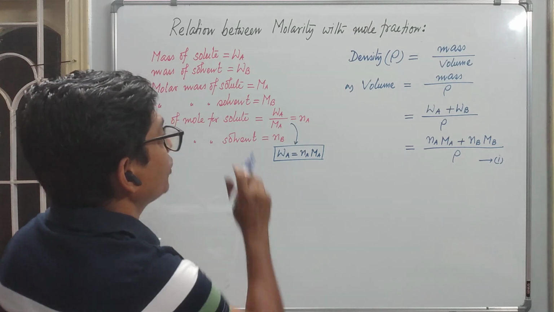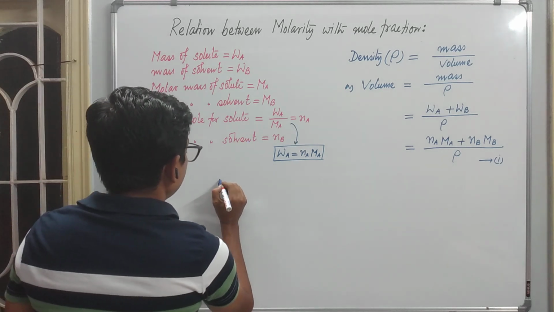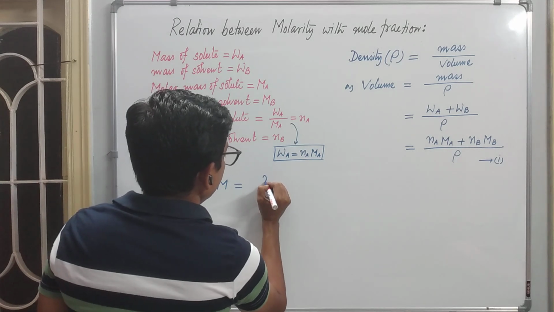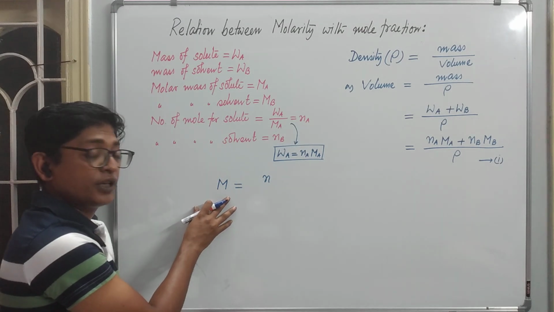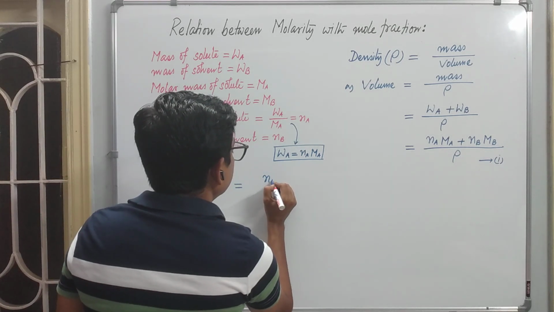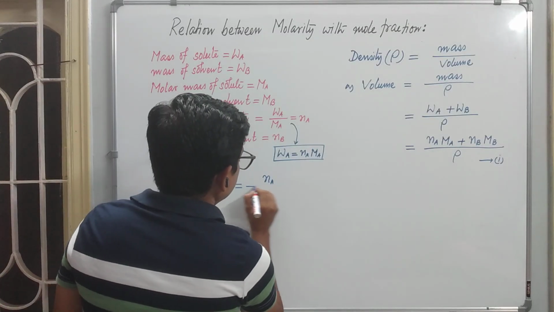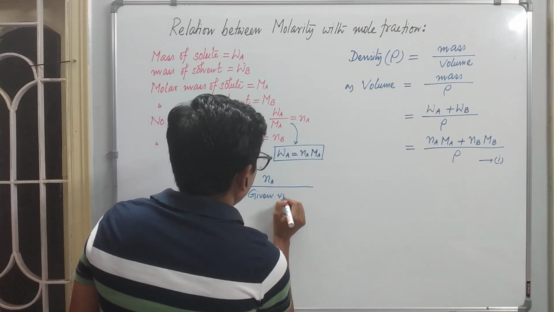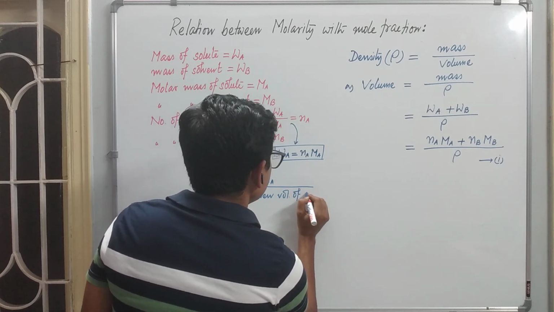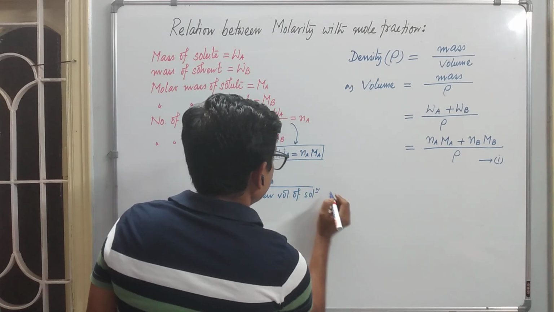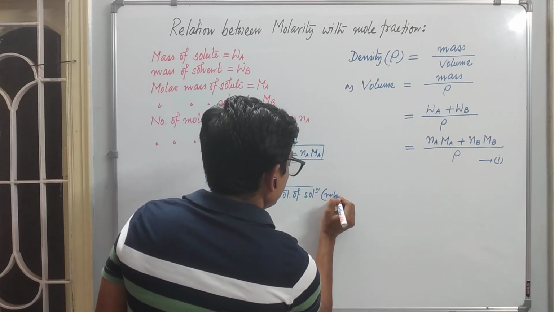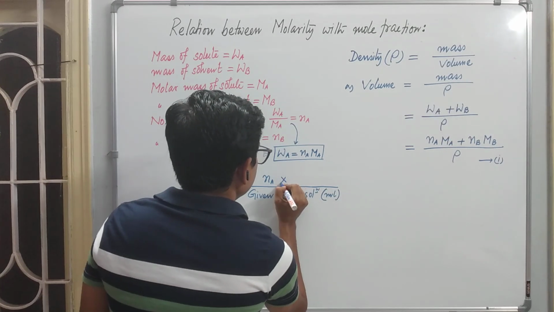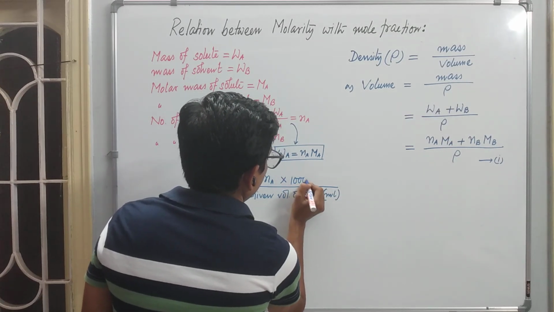Now, what do we know about the molar solution? We know the concentration in molarity can be expressed as the number of moles of solute in the given volume of solution. In this case, I am taking it in mL unit. If we are writing it in mL, then you know that we need to multiply the numerator by 1000.